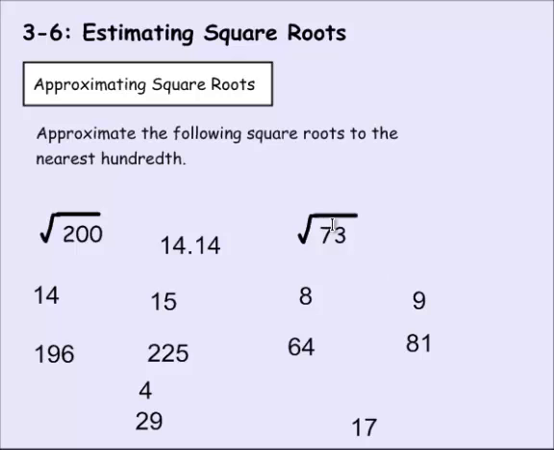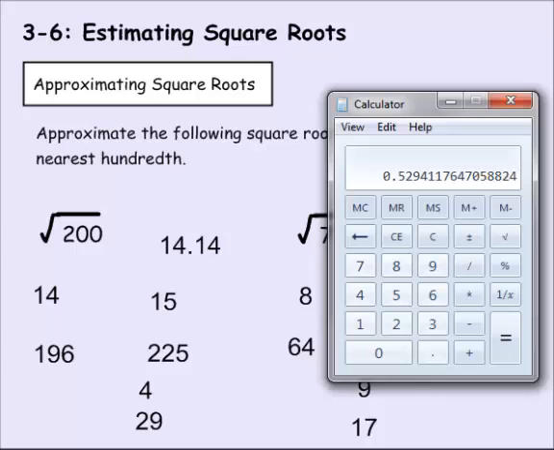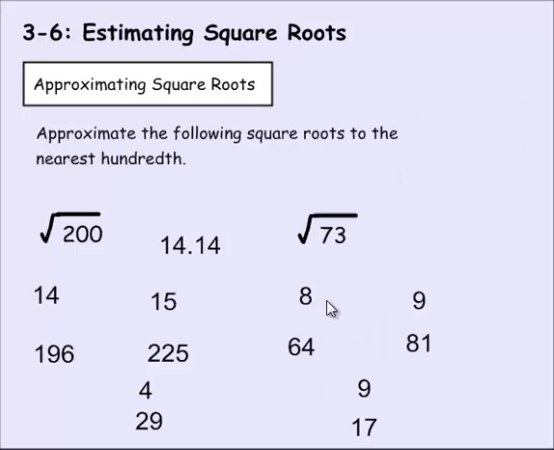And now 73 is how far away from the lower one? 73 is 9 above the lower one. So 9 over 17. So we do 9 divided by 17 then. And here's my decimal: 0.529, so 0.53. So we go with the lower number, 8.53 for our answer then.